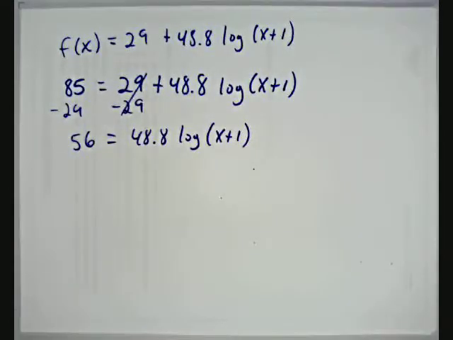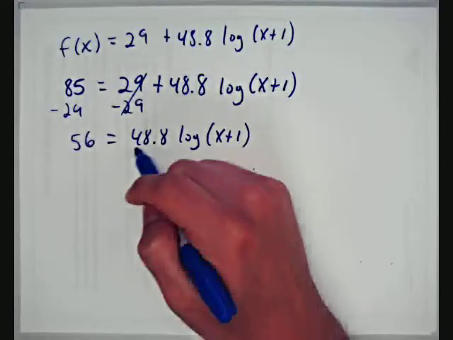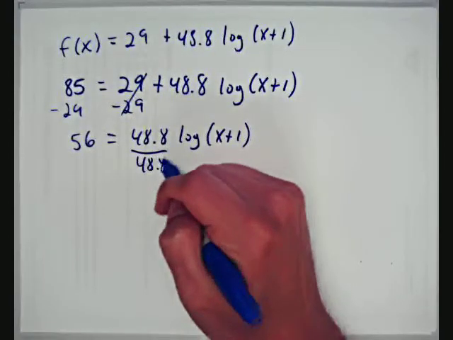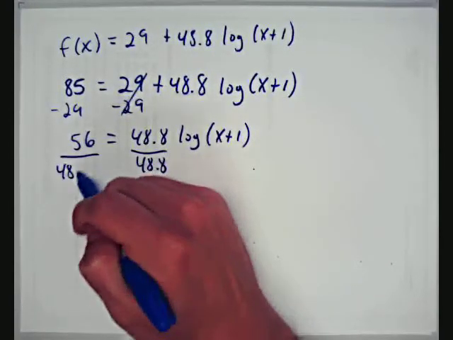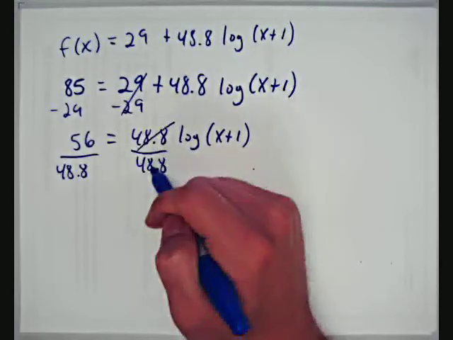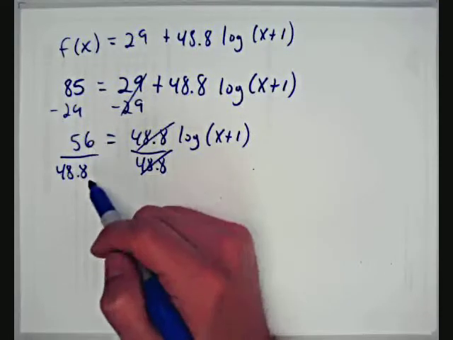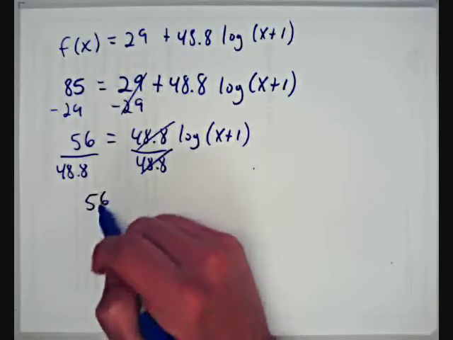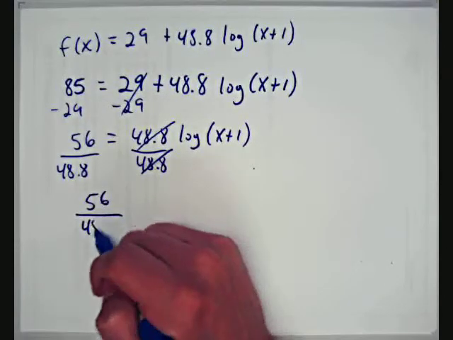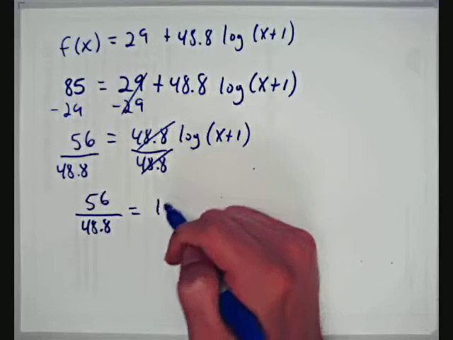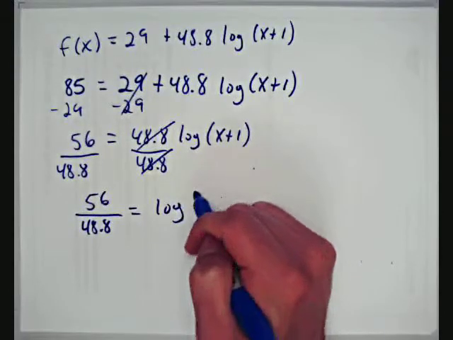Okay, and then we'll want to divide both sides of the equation by 48.8. In order to eliminate too much rounding, let's leave this as a fraction for now. 56 over 48.8 equals the log of x plus 1.